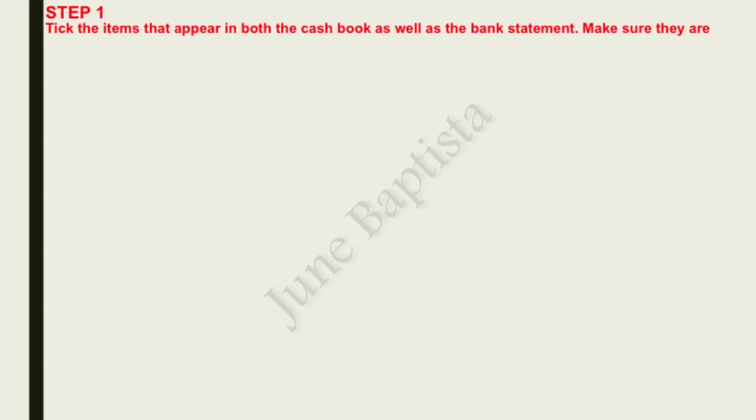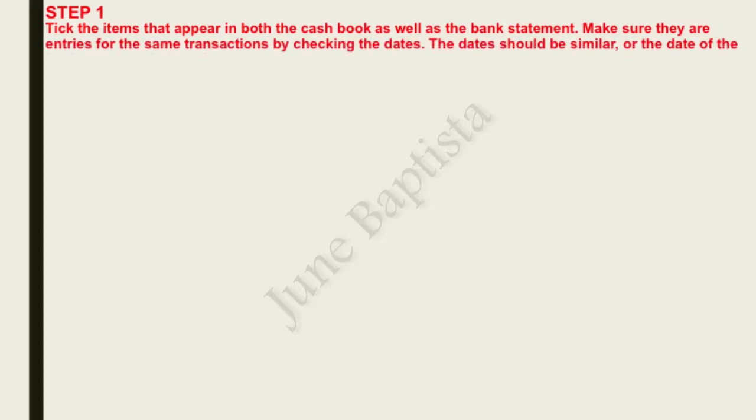Step 1. Tick the items that appear in both the cash book as well as the bank statement. Make sure that they are entries for the same transactions by checking the dates.